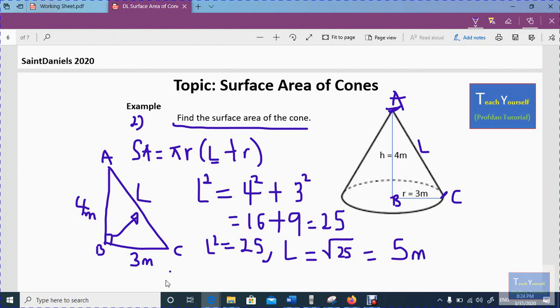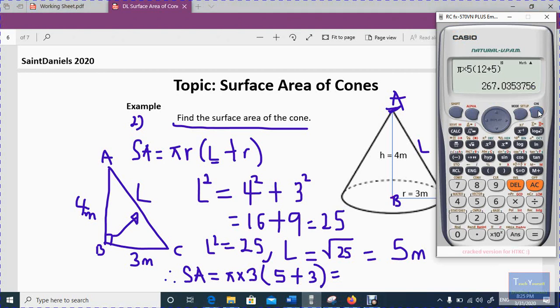Therefore, having done that, you have your surface area equal to pi times the radius r, which is 3, into the slant length, which we've gotten as 5, plus the radius 3. And with this, you can get your final answer.